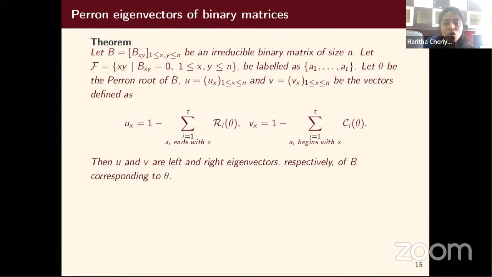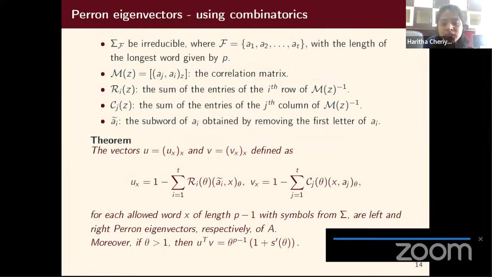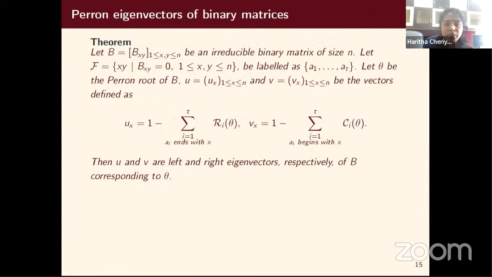This is for a subshift, but for any given binary matrix, there is an associated subshift depending on the forbidden collection given by the 0 entries of the matrix. That will have words of length 2, hence the expressions for u and v are relatively simple, and that's given by this.